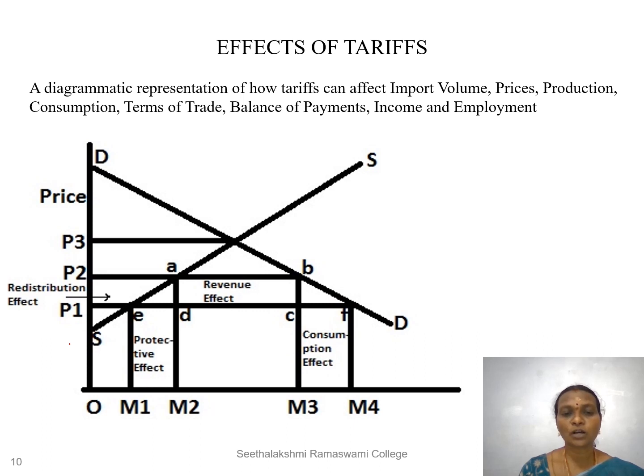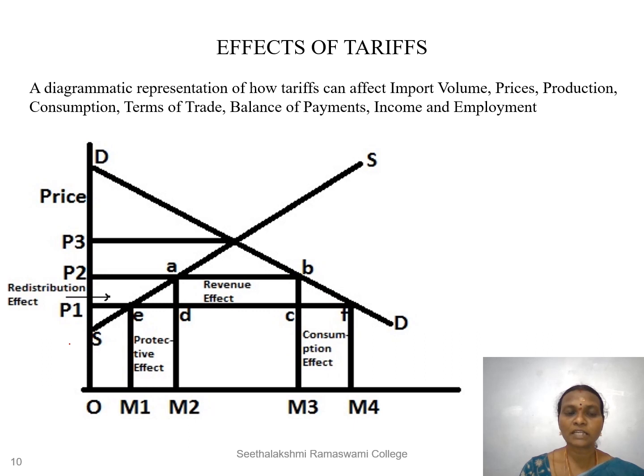Next we have to talk about the consumer side. At this initial price OP1, the consumer is able to get a satisfaction of P1FD. This bigger triangle is the satisfaction level of the consumer. But after the imposition of tariff, what happens? The price has been increased.